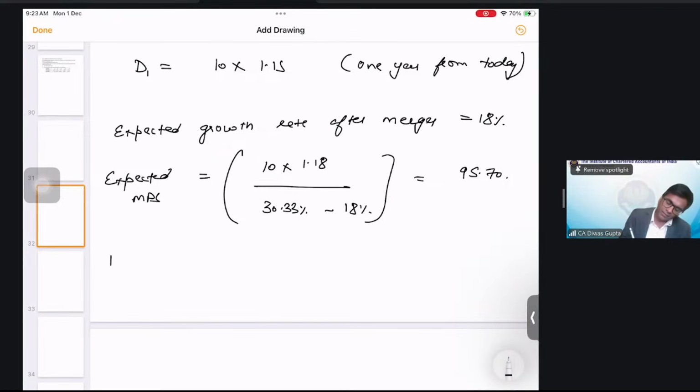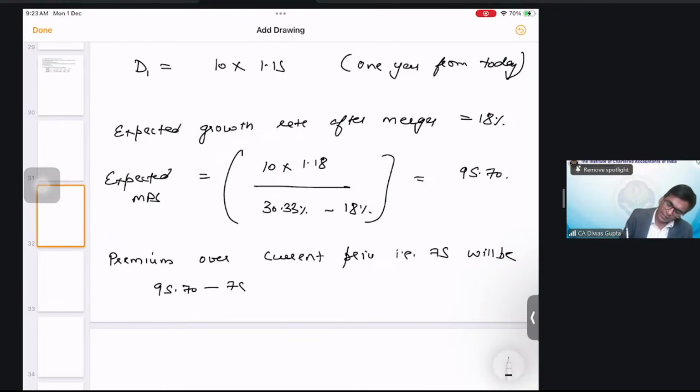So the premium over current price, that is 75, will be 95.70 minus 75. This is the premium divided by 75 into 100.